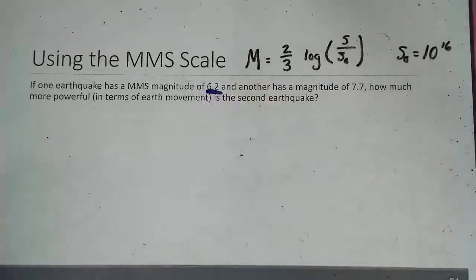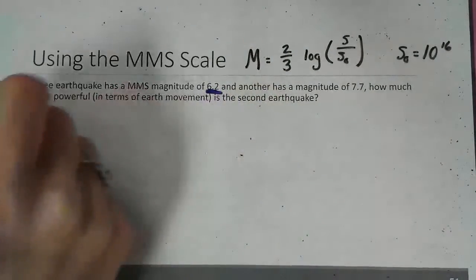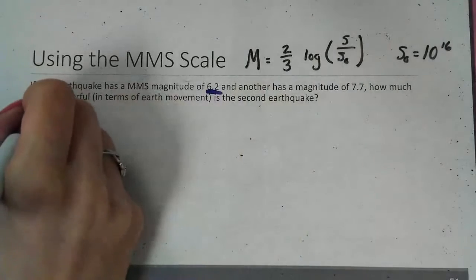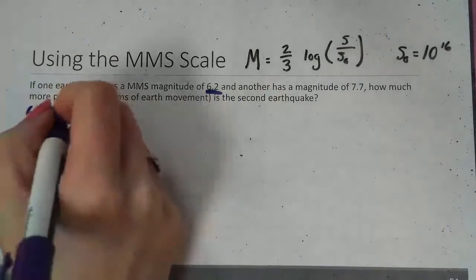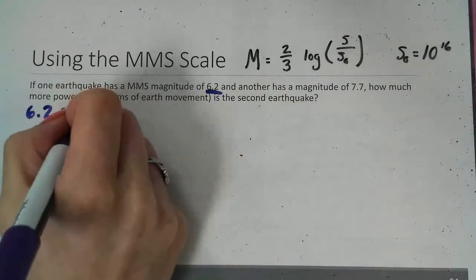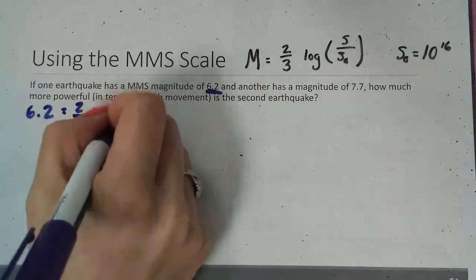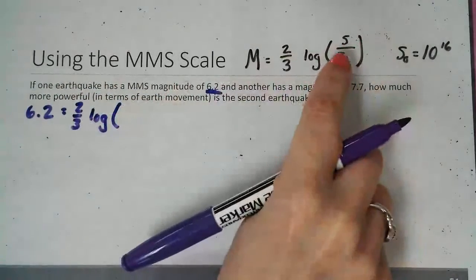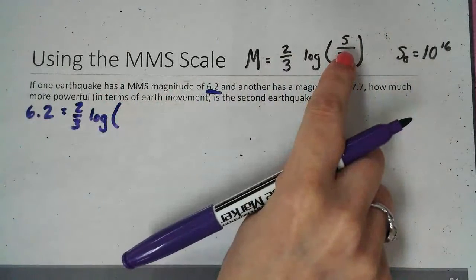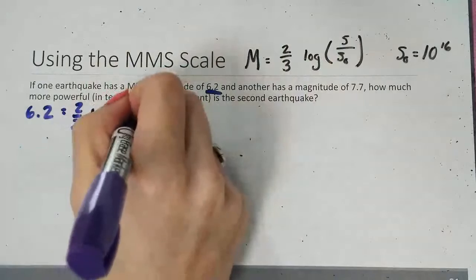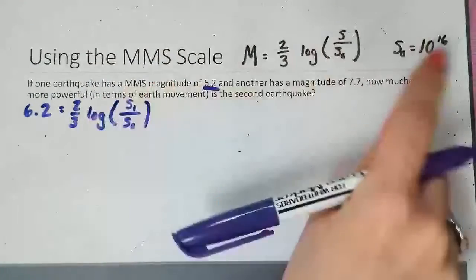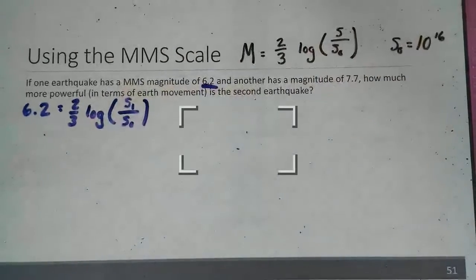Let's start with a 6.2, see what we can do with that. We know the magnitude is 6.2, so we'll replace the M in the equation with 6.2. That will be equal to 2/3 times the log of, since I have two earthquakes, I'm going to call this one S sub 1, and I'll call the other one S sub 2. And that's over the S sub 0, which we know is this 10 to the 16th.